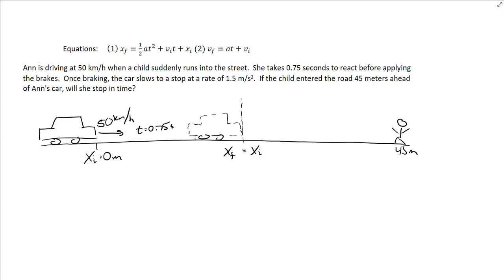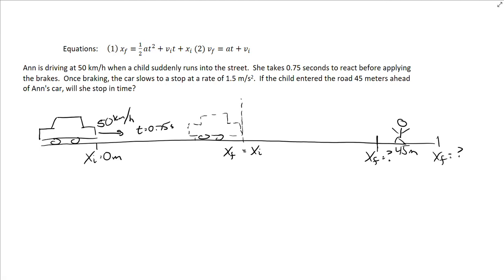This car from this position is going to hit the brakes, and hopefully this car is going to finish over here. That's our goal, because we don't want to hit the kid, but it could finish over here. We don't know where the final position of this car is going to be. This is where that 45 comes into play, but we'll get to that in a minute. So later the car is going to be at that spot.